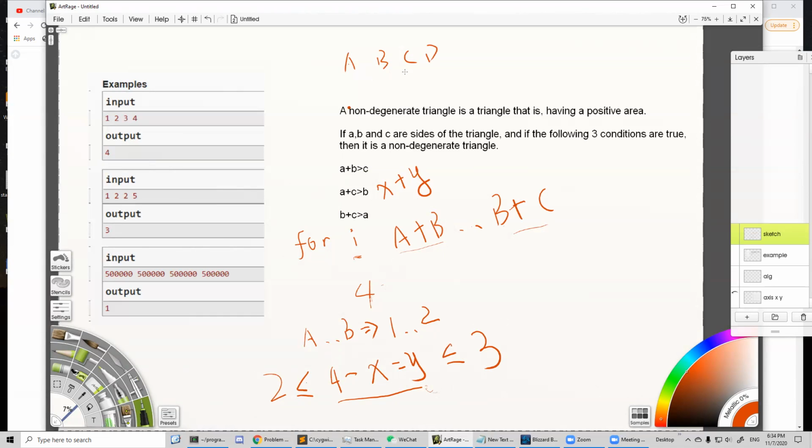Y is between B and C, and this is C and this is B. So we can have another 2 restrictions on x.